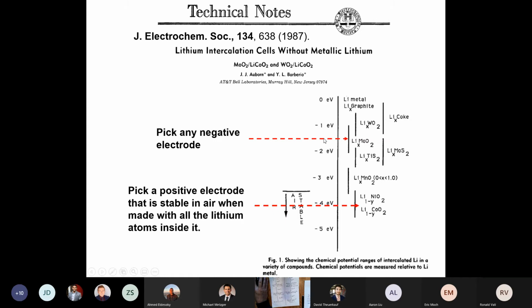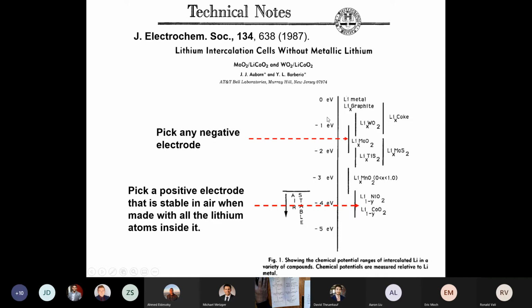The second thing about LTO that's good is you're very far from lithium metal. So when you recharge cells with graphite really fast, due to over voltages, you can push the potential below the lithium metal potential and plate metallic lithium onto the surface of the graphite. That's very bad.